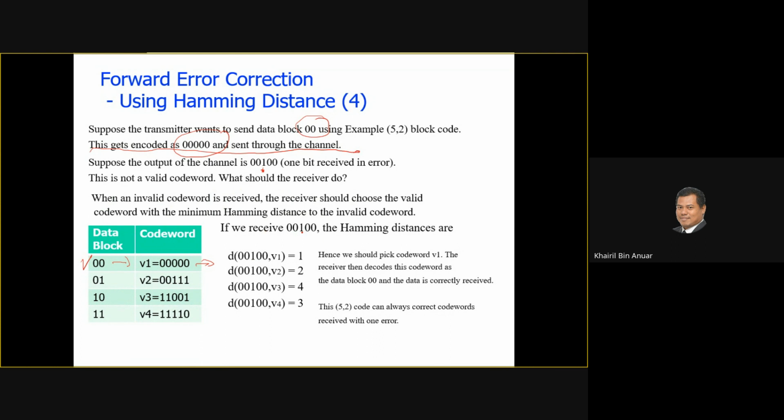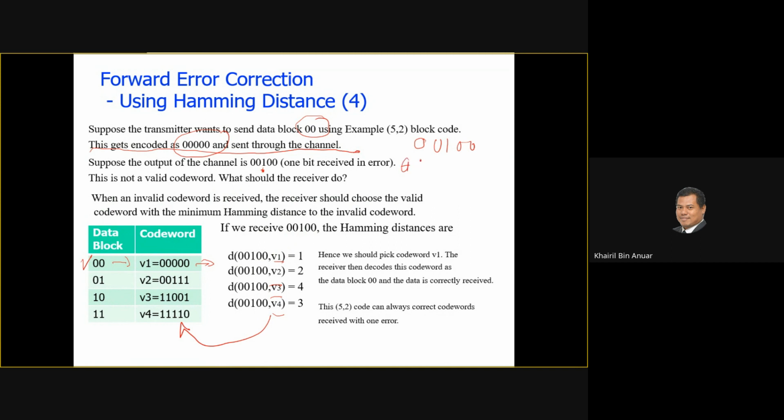So if we receive 00100, we have to compare it with B1, B2, B3, and B4 based on this diagram. Say that you want to compare with B1, using this XOR.